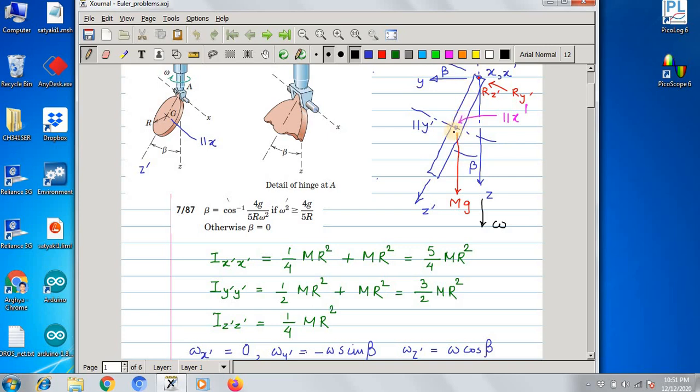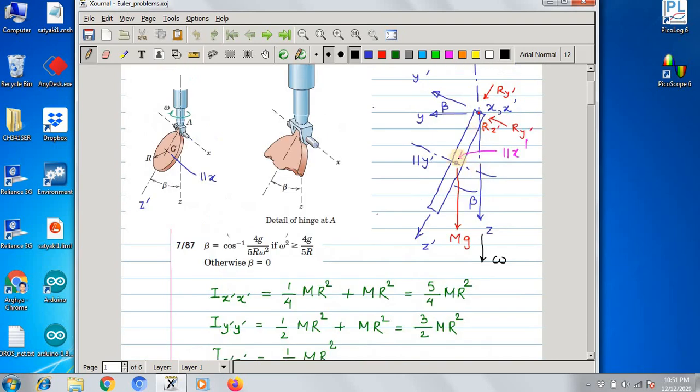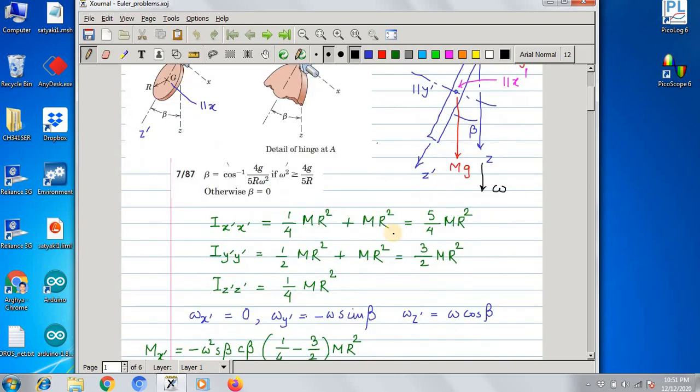Iy dashed y dashed is half mr square plus mr square, and Iz dashed z dashed is 1/4 mr square.